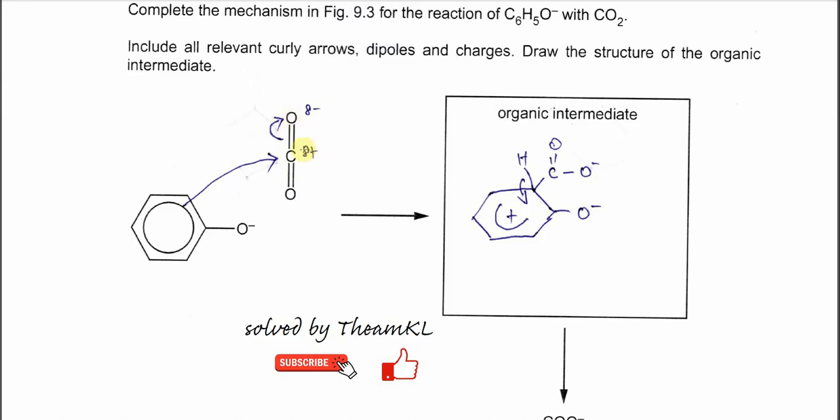So it's COO negative, because this oxygen already gains the pair of electrons from the C=O double bond just now. So this is the intermediate. When you draw this arrow and this dipole, you get 1 mark. And when you draw the correct intermediate, you get 1 mark.